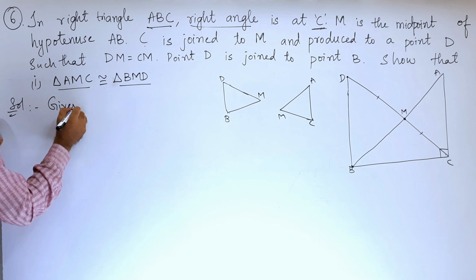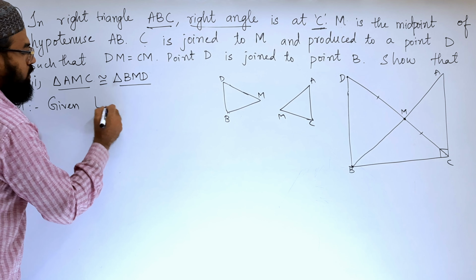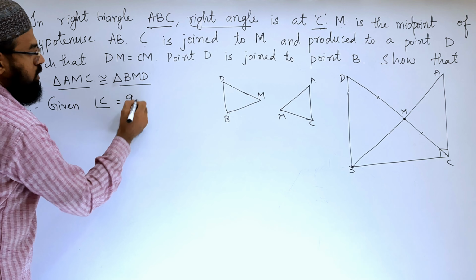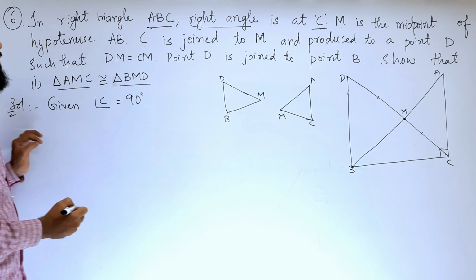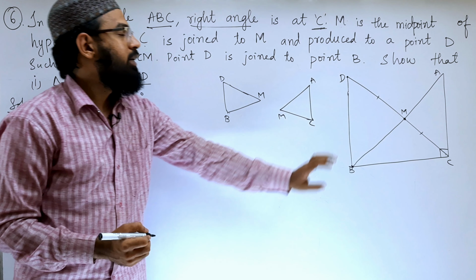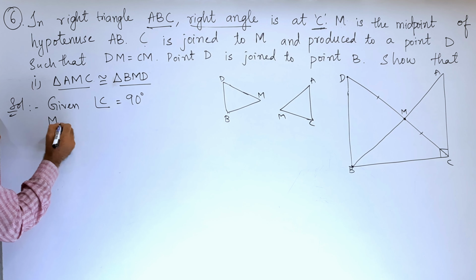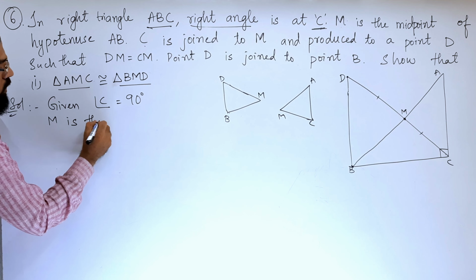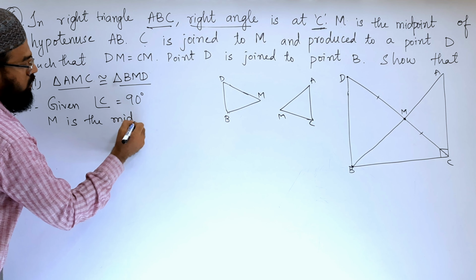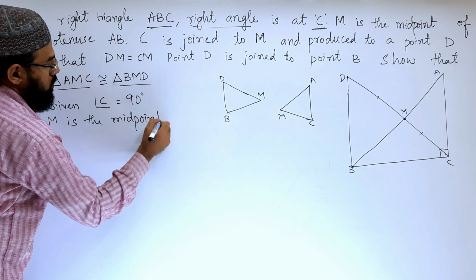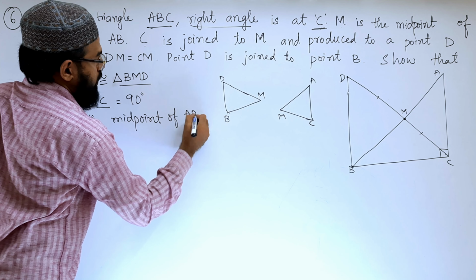It is given that angle C is 90 degrees, and they said that M is the midpoint of AB.